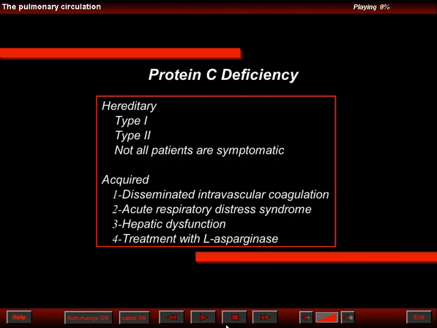Protein C deficiency can also be hereditary, types 1 and 2, as well as acquired. The acquired forms include disseminated intravascular coagulation, acute respiratory distress syndrome, hepatic dysfunction, and treatment with L-asparaginase, like with antithrombin 3.